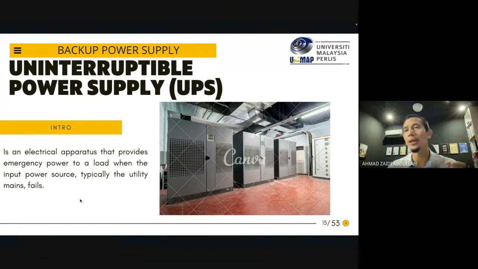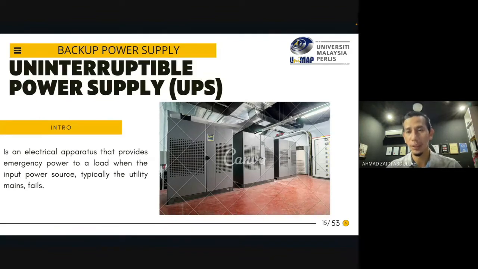So the best part of the UPS is that it is very fast. Let's say within a second the TNB trips, and automatically the UPS will cover the supply. That is the best of the UPS.